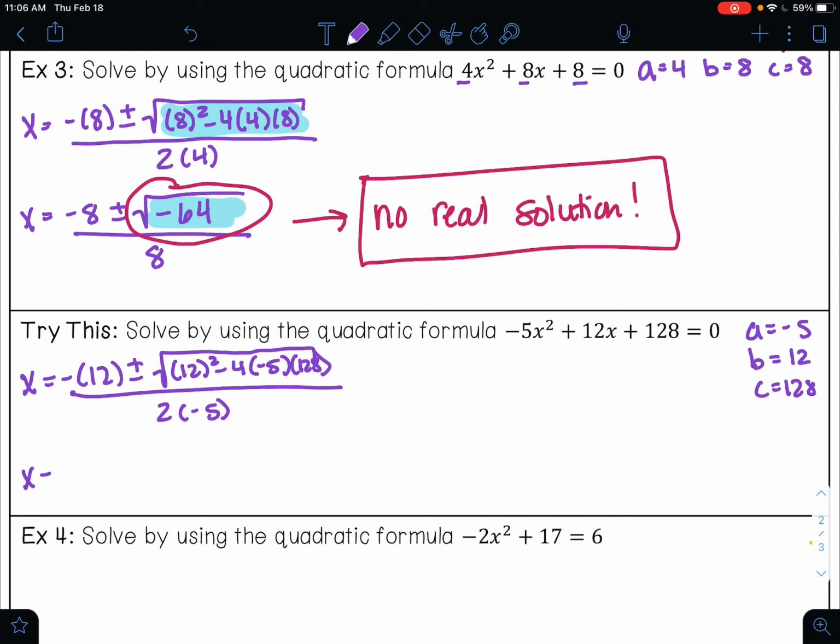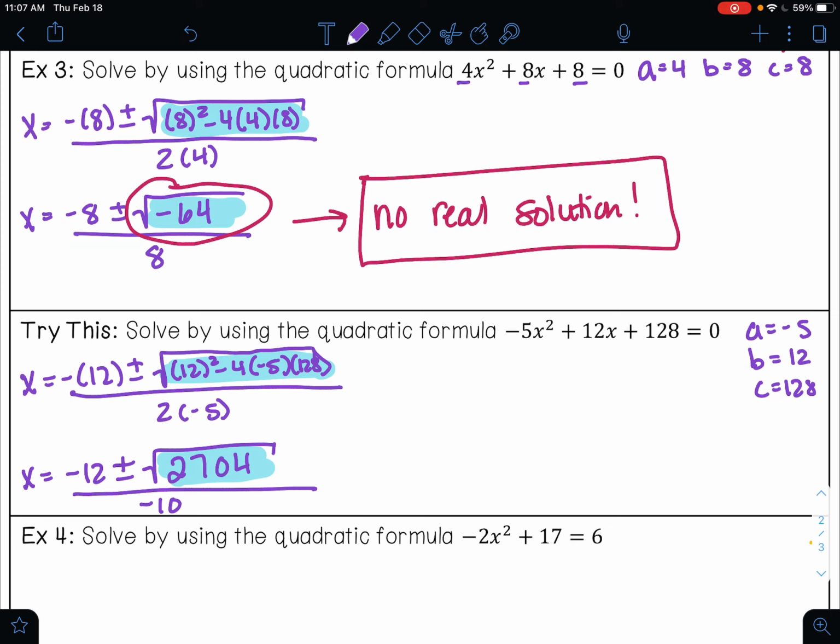Alright, so let's see. I'm going to have x equals -12 plus or minus the square root of whatever I get for my discriminant divided by -10. So now I'm going to use my calculator and calculate that discriminant. And when I do that, I get 2,704.